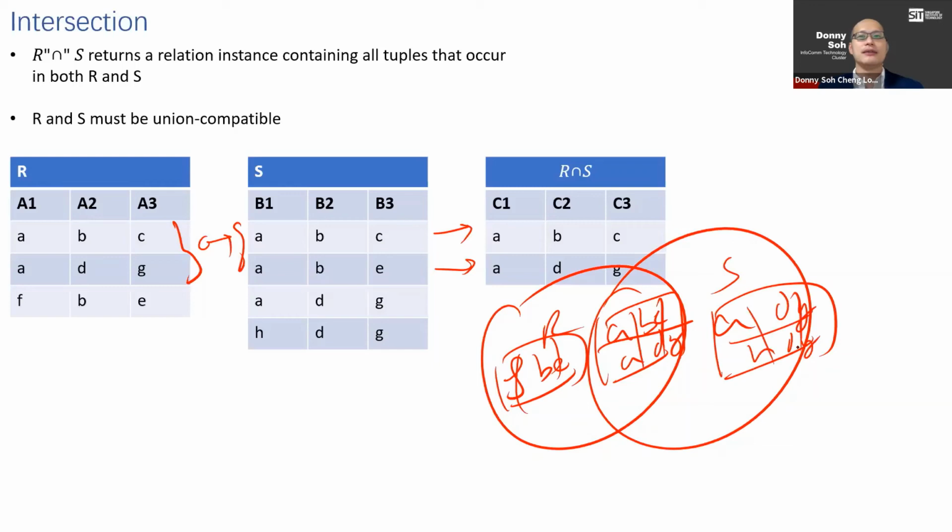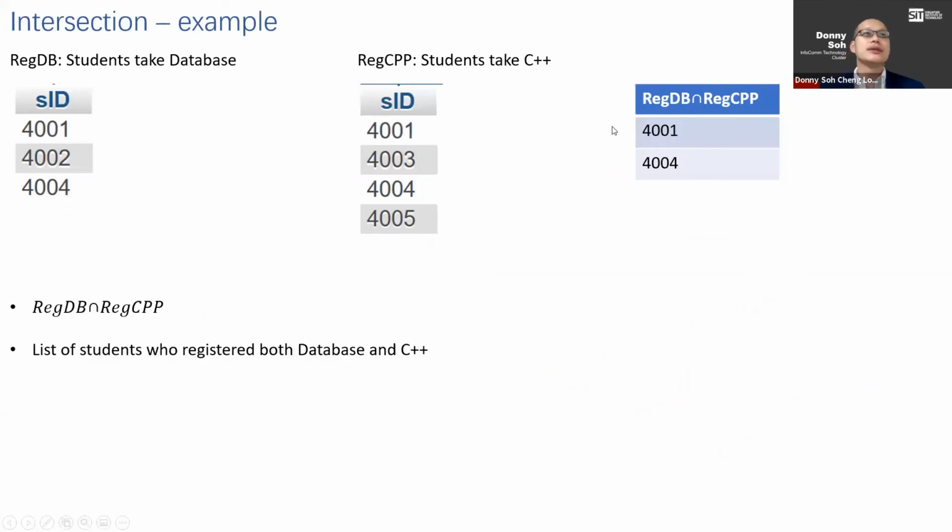So you can imagine it to be like a Venn diagram, and this is what it looks like. So for the intersection of these two, there's 401 and 404, and so the intersection is over here.